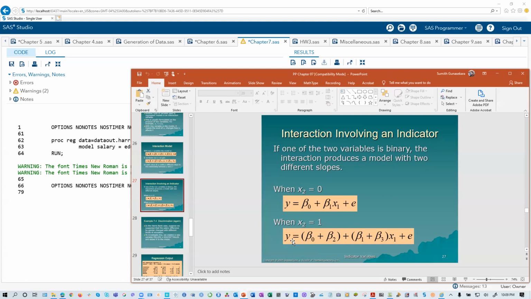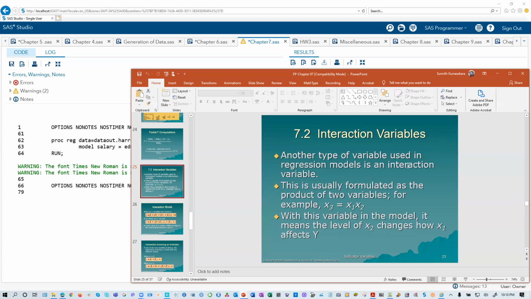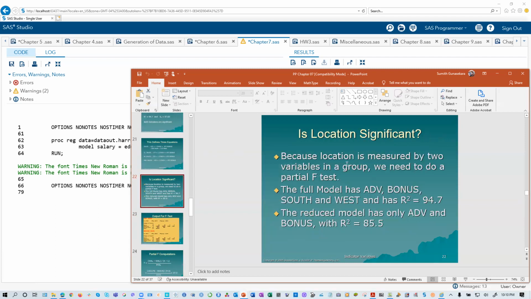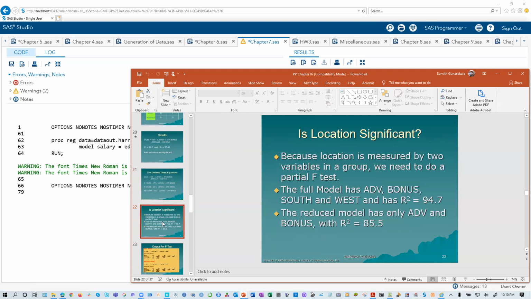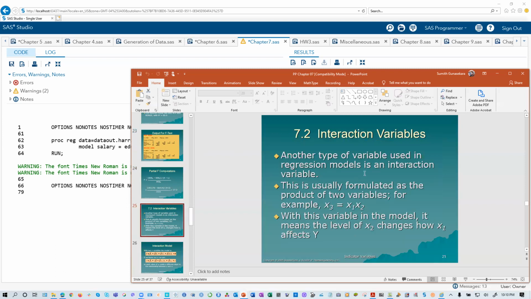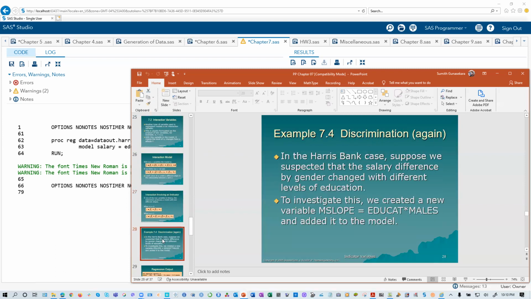Whether the salary difference by gender has been influenced by the education. That was the question we had, no? The interaction term question: has the salary difference by gender changed with different levels of education or not?